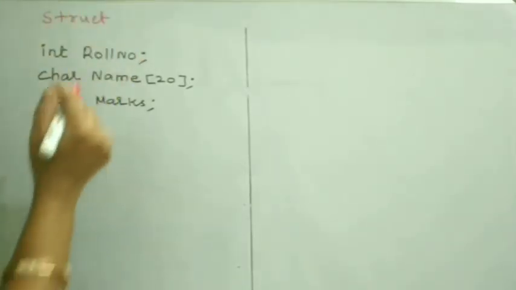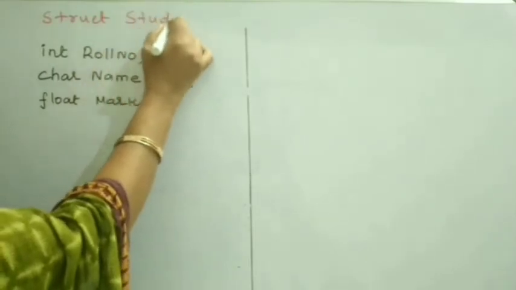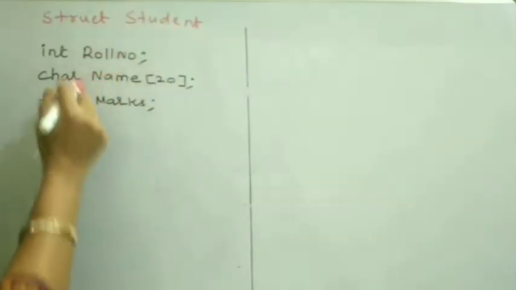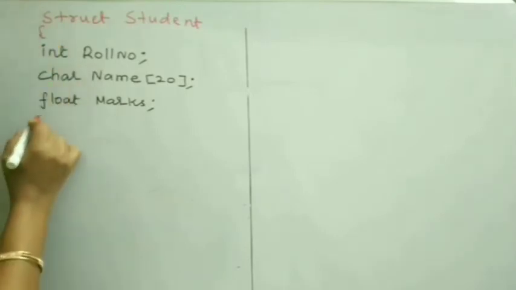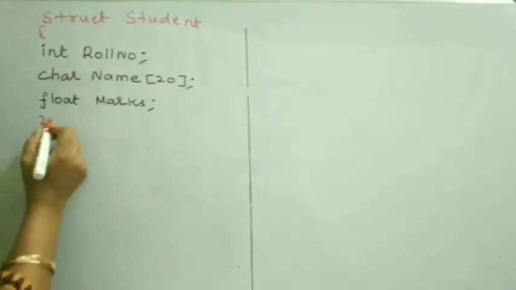Following the keyword struct, I include a name for the structure, that is student. The data items are grouped inside this curly brace along with the data type. Then the structure definition ends with this semicolon. That is how I can define a structure.